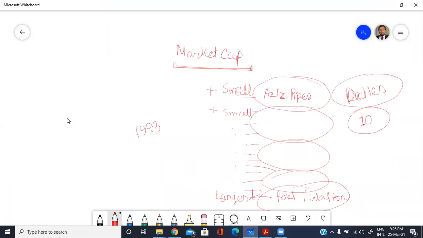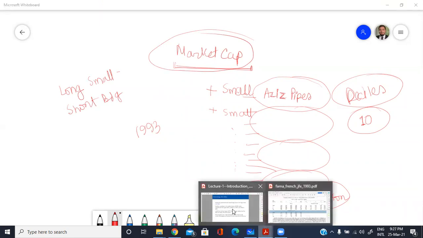Okay. Now, Fama has shown that the strategy where we long the small group and short the big group, based on what? Market cap. Will give monthly.